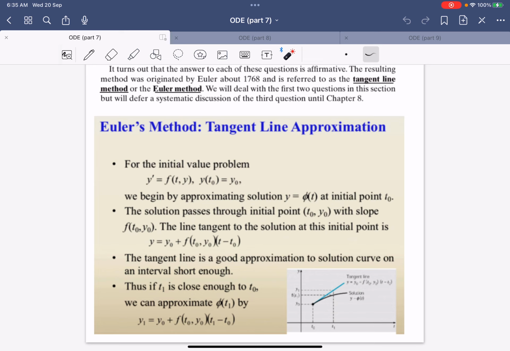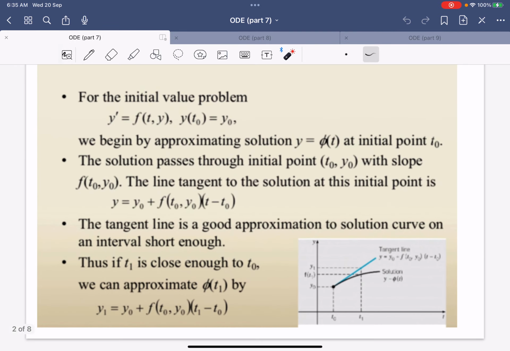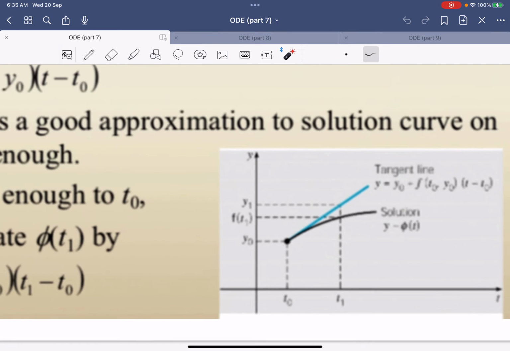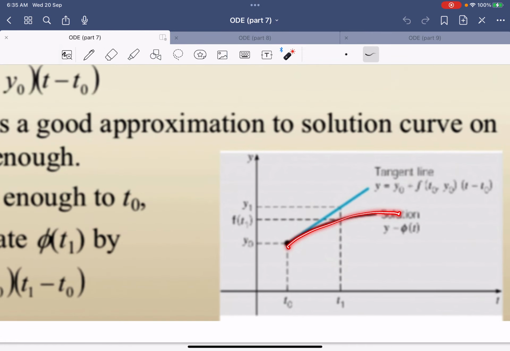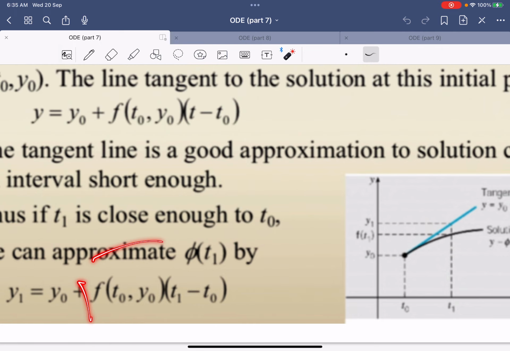So you're given an IVP, and now we approximate the solution by using the tangent line as our guide. What does this mean? Okay, so you just look at this graph. The solution is originally this, and you know this is the initial point, and you know the tangent line value because you have the ODE, which is this function f.